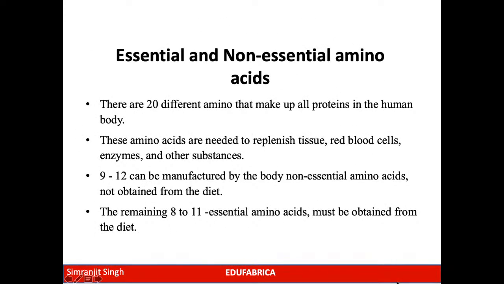There are essential and non-essential amino acids. As we have discussed, there are in total 20 different amino acids that make up all proteins in the human body. These amino acids are needed to replenish tissue, red blood cells, enzymes, and other substances.